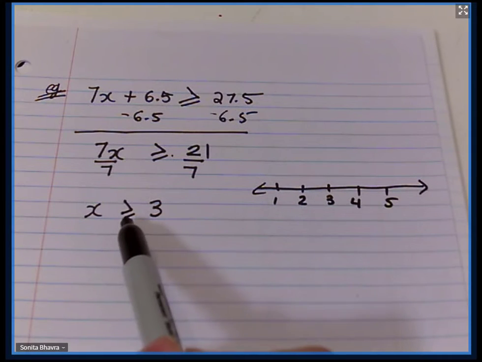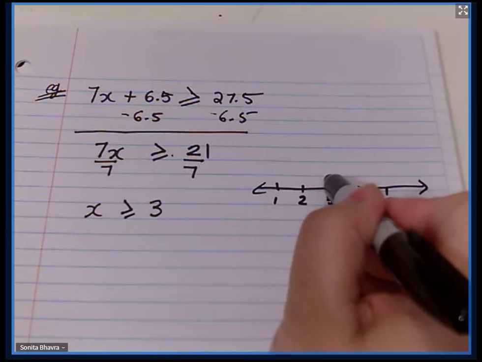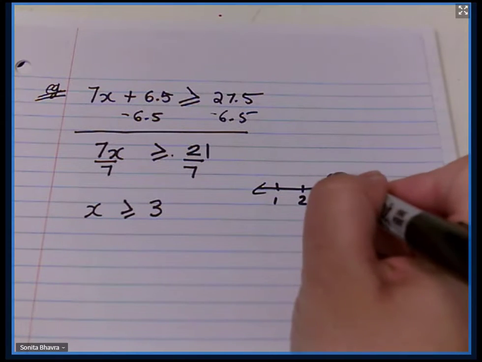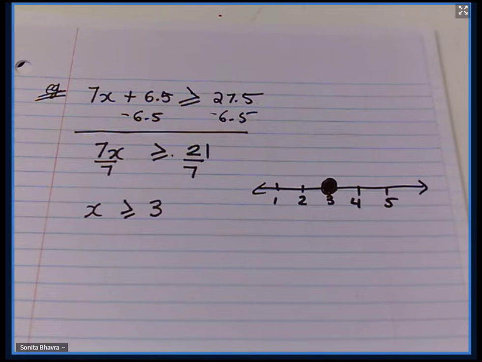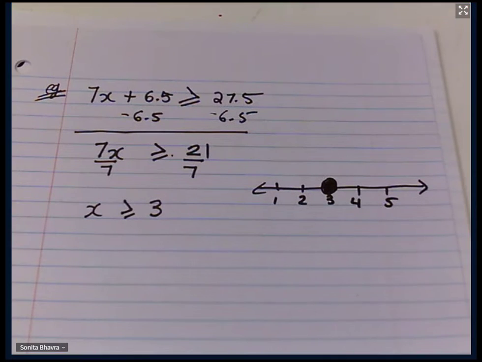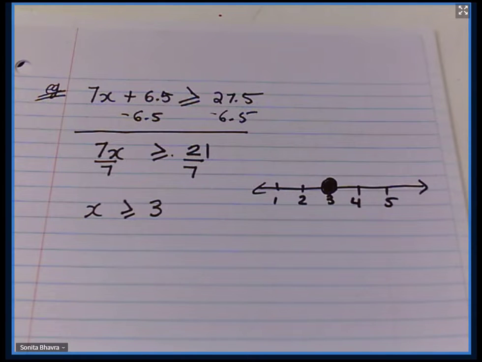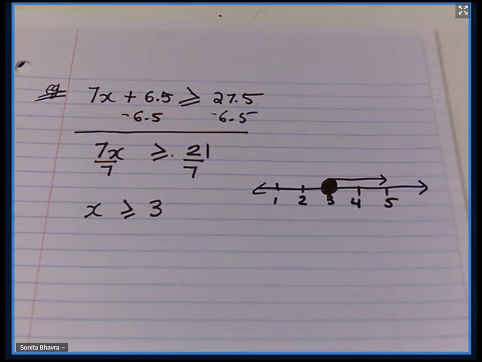Because it's greater than or equal to, we have to use a closed dot. At 3, we fill it in like this. That means the 3 is included. Which way is our arrow going to point? It's going to point to the right, where the numbers are getting greater. It's going to look like that.